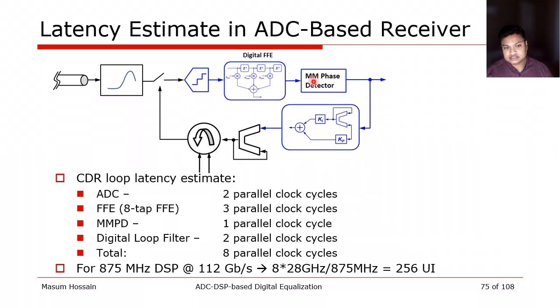And the phase detection can be done in 1 parallel cycle, but the accumulation, proportional path addition, and the further accumulator to drive the PI, everything needs at least 2 cycles. In total, it's 8 parallel cycles, but the parallel cycles are at 875 megahertz, which translates to 256 UI.